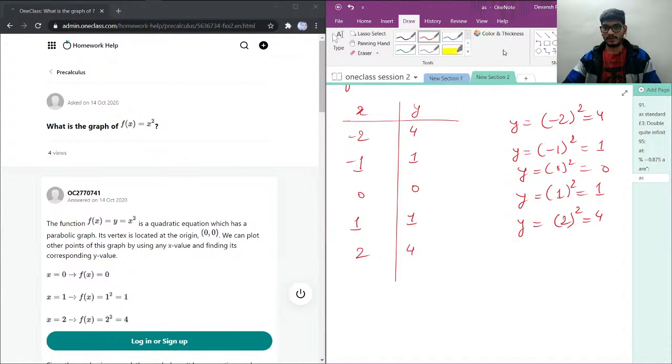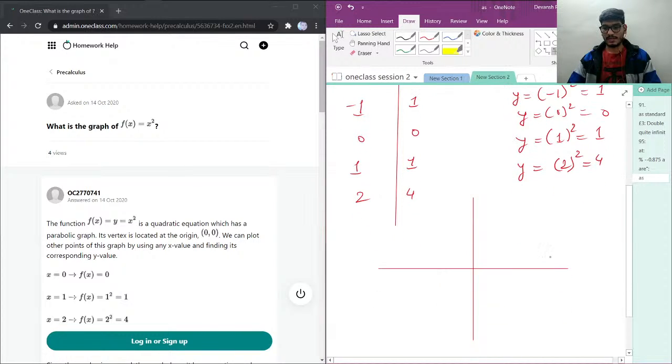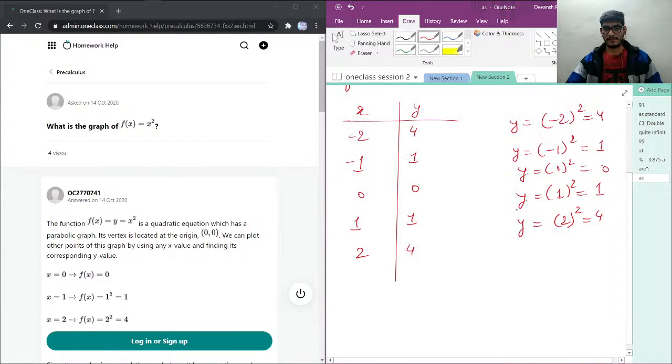Now we are going to draw the axis. I will just undo this axis.